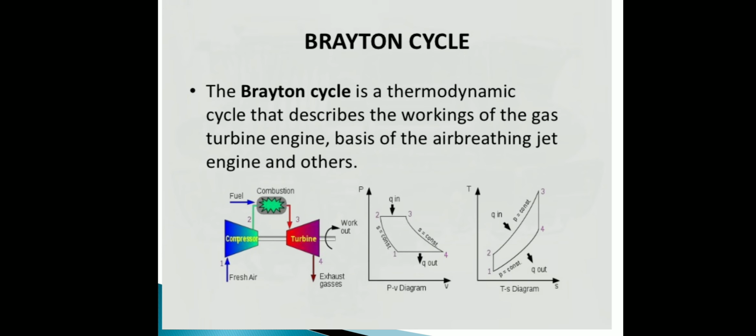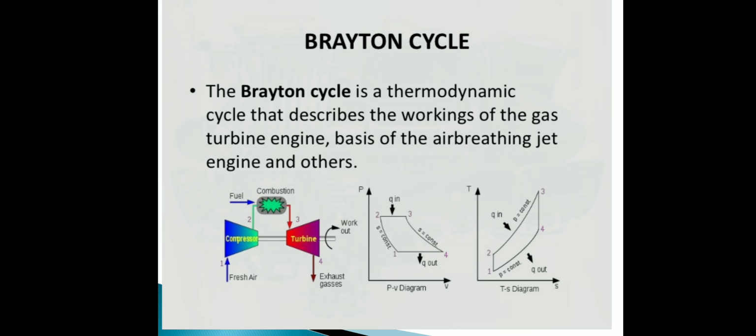Now the gas turbine, which works on the Brayton cycle. There is a difference between the internal combustion engine and the gas turbine. Here the main difference is that the working fluid, basically air, is used.